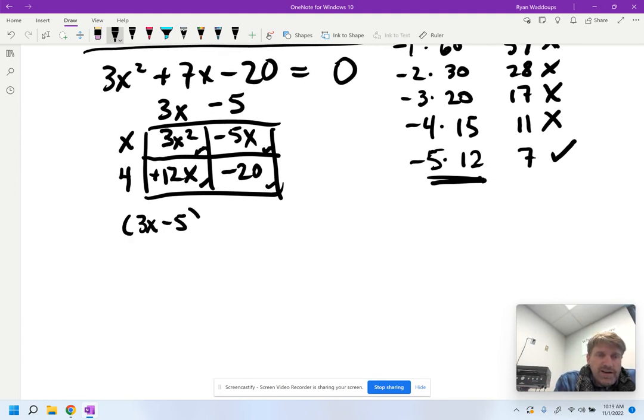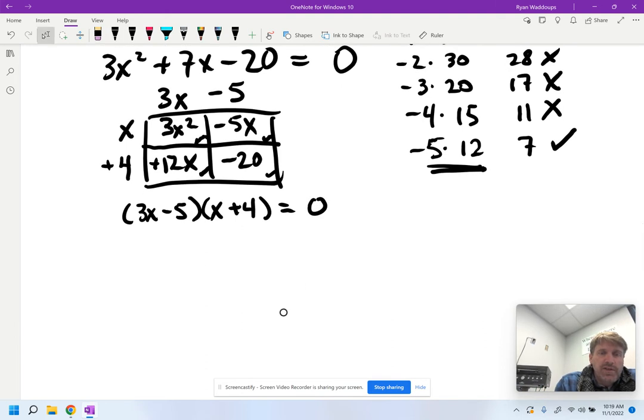So our two factors, 3x minus 5 and x plus 4, equals 0. And since these two things are equal to 0, that means either one of them has to be 0 or the other has to be equal to 0, or both. So I set them each equal to 0. 3x minus 5 equals 0, or x plus 4 equals 0.